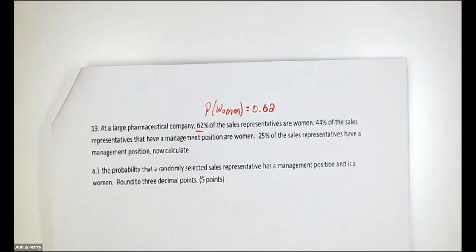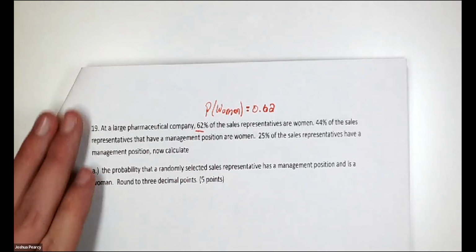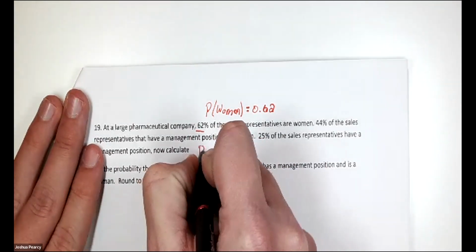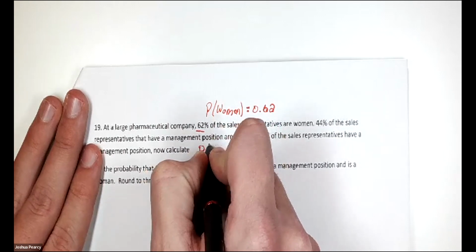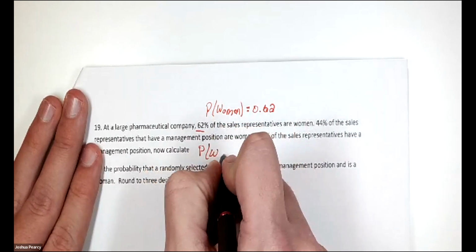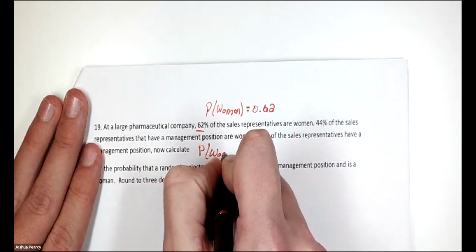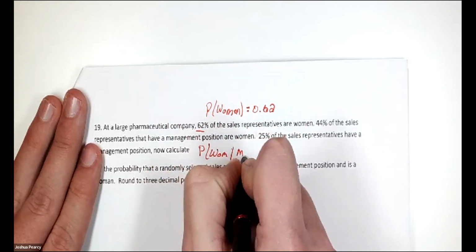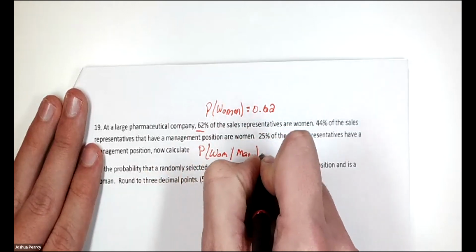So 44% of sales representatives that have a management position are women. That means that the probability of being a woman, given that you're a manager, is 44%.